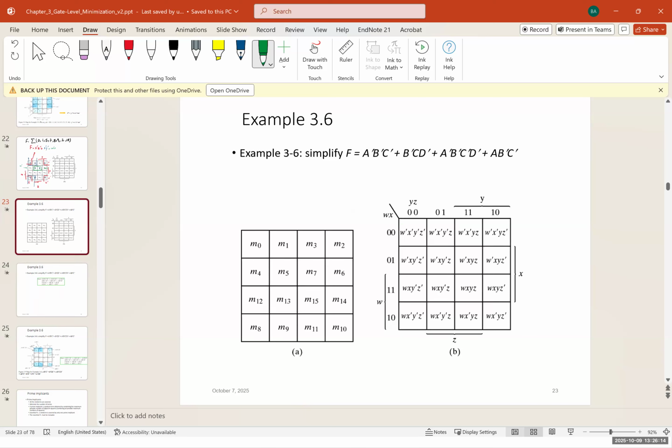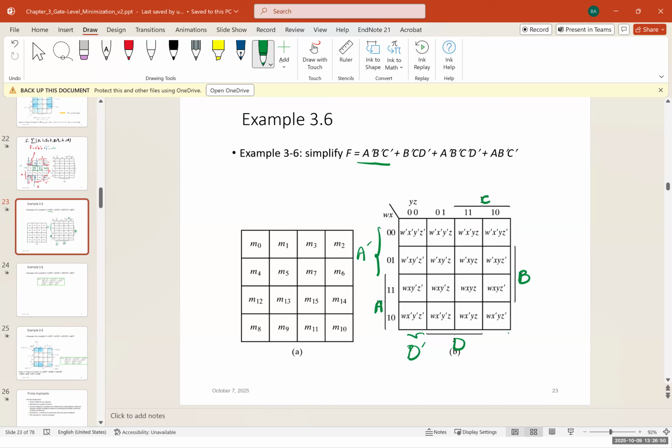So if I want to use a K-map, first part F is A prime B prime C prime. For example, this is A and this is B, and this is C and this is D. So A, B, C, and D. This would be A prime.